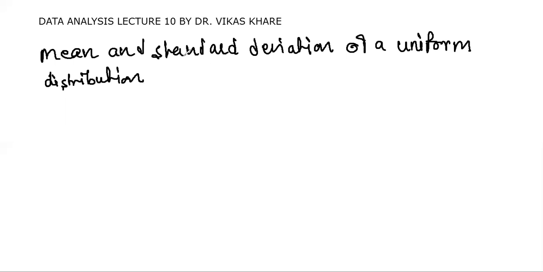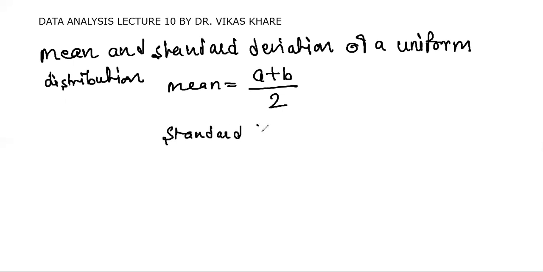In the case of uniform distribution, mean is given by a plus b divided by 2, and standard deviation is given by b minus a divided by root 12.